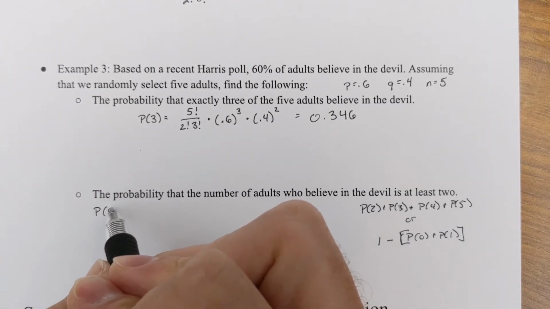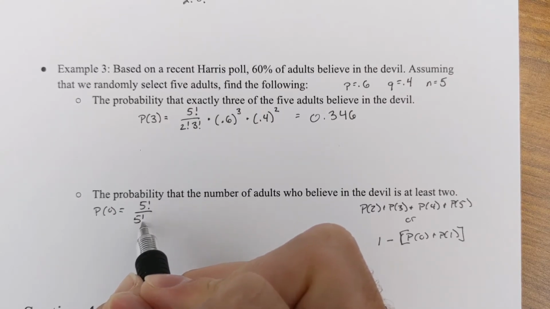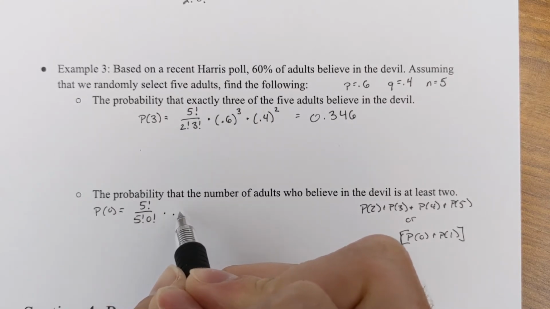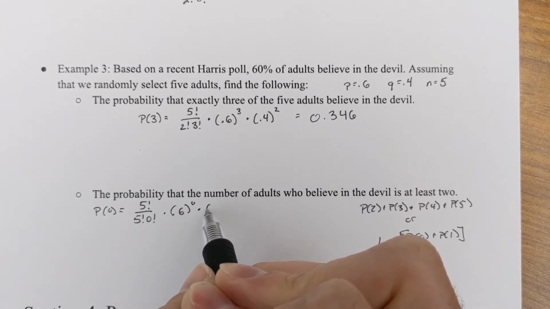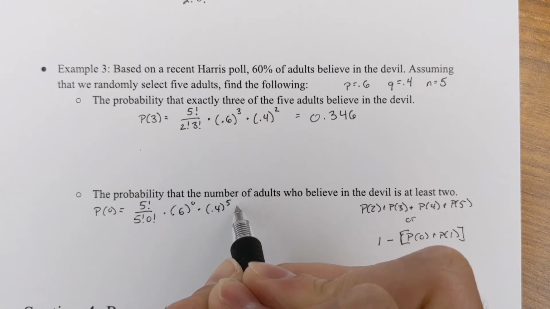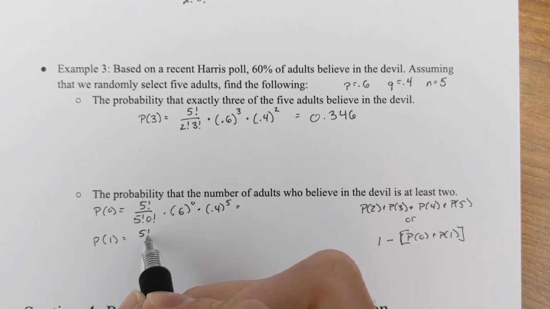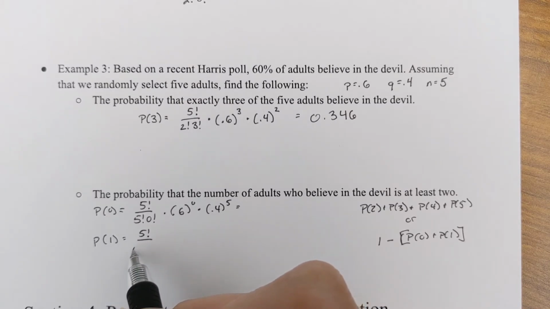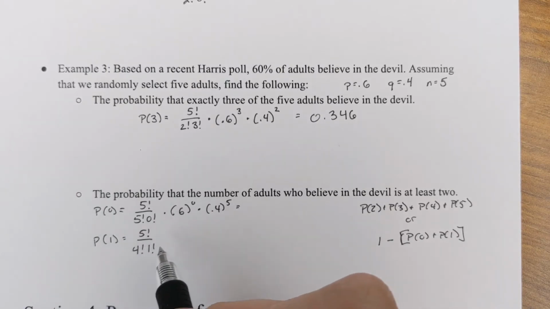So for P0, 5 factorial, so the difference is 5, 0, 0.6 to the 0th, because I don't want anyone to believe in the devil, times 0.4 to the 5th, because I want everyone to not. And then P1, 5 factorial, difference is going to be 4 factorial, 1 factorial. Notice these 2 numbers should also add up to the number on top.